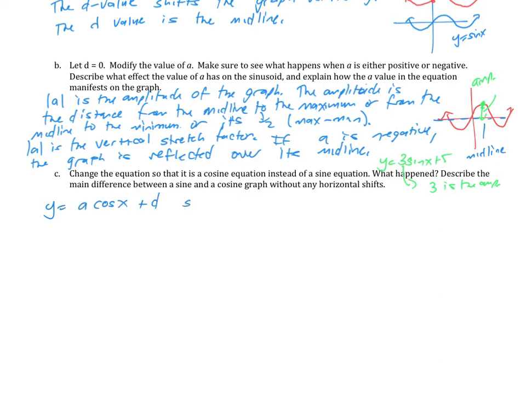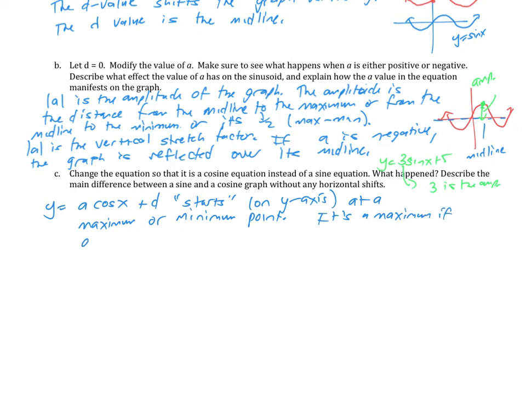This graph starts, and by that I mean the point on the y-axis, at a maximum or minimum point. Okay, it's a maximum if a is greater than 0 and a minimum if a is less than 0.